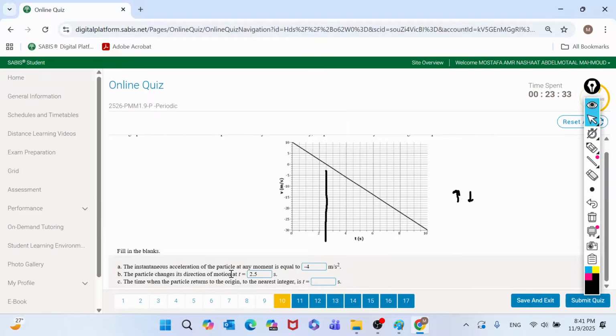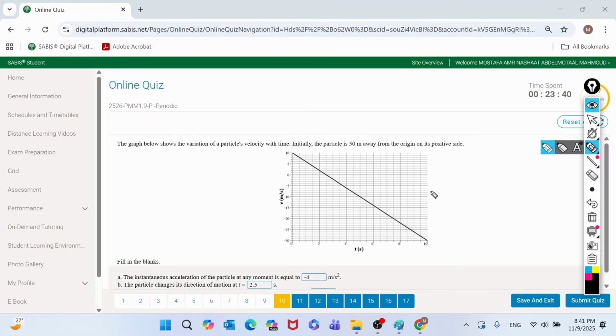The time when the particle returns to the origin to the nearest integer. So when does it return to the origin? That means x is 0, and we're gonna use the UARM equation. So x, which is 0, equals 1 over 2 at squared plus v0 t plus x0.